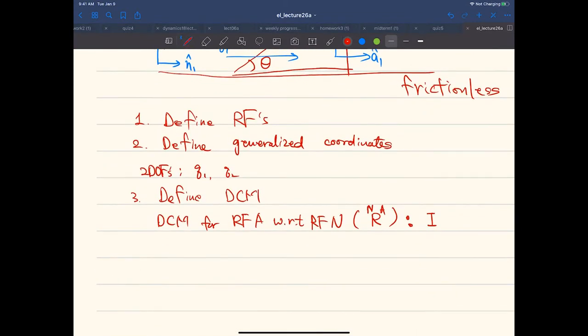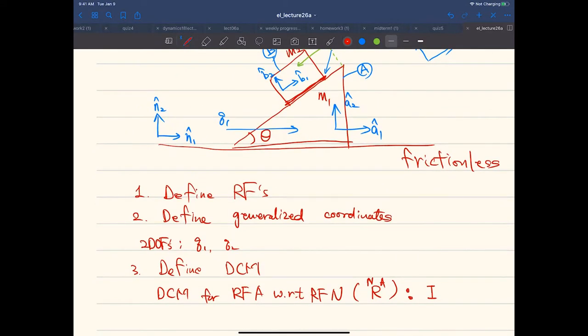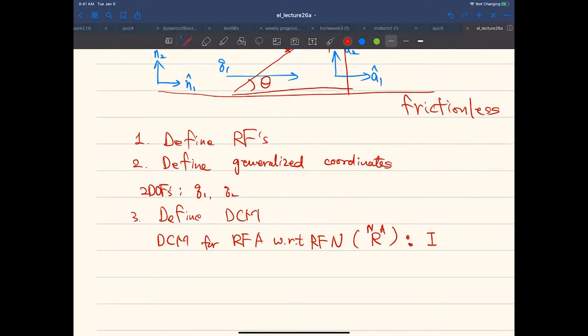This is a little bit different from the one that we saw in the previous example, because in the previous example everything was about the angle, rotation. But now here, there's no rotation at all. Still, we have to assign the generalized coordinates Q1 and Q2. In this case, Q1 and Q2 are related to the translation only. No rotations involved.